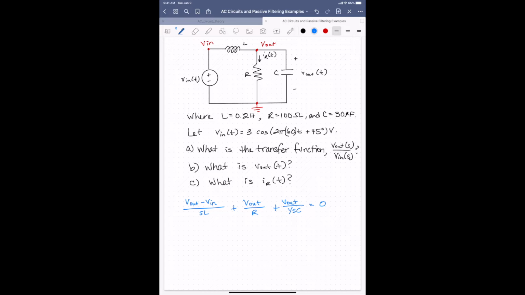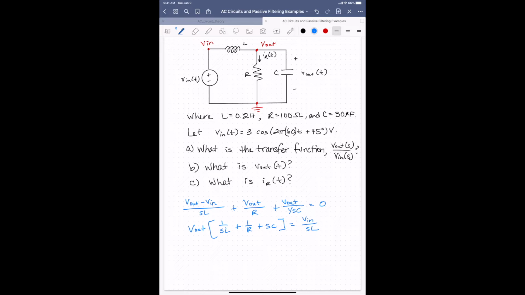So I can move the Vn to the right-hand side and factor out V out on the left-hand side. So we'll have V out times 1 over SL plus 1 over R plus SC, since 1 over 1 over SC is SC, and that will be equal to Vn over SL. I'm being very careful to make sure I get my signs correct.